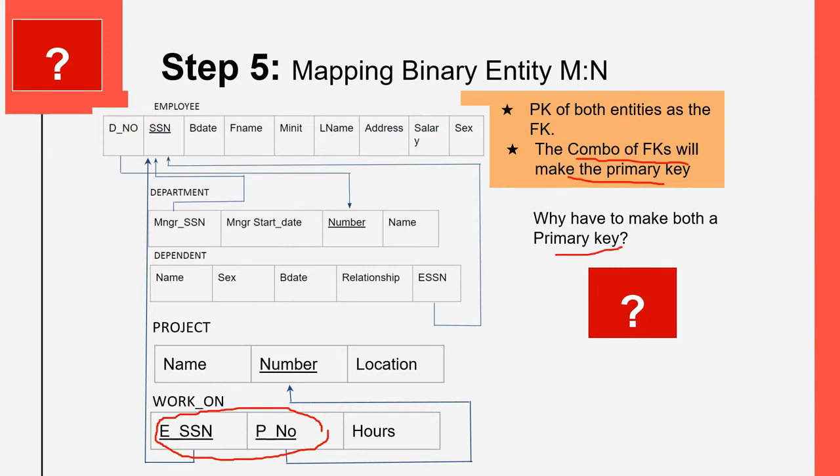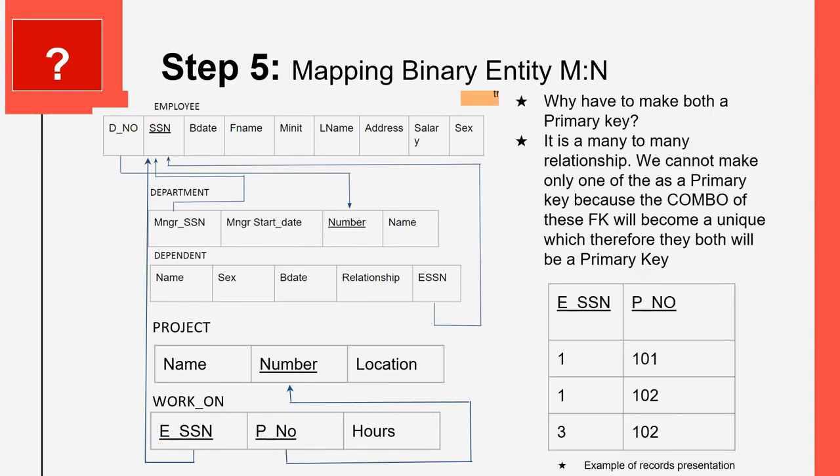Why do we have to make both a primary key? Let's see the example. Since it is a many-to-many relationship, we cannot make only one of them a primary key. The combo of these foreign keys will become unique, therefore they both will be the primary key. For example here, I cannot just put a single one as a primary key because it cannot be unique for each row.